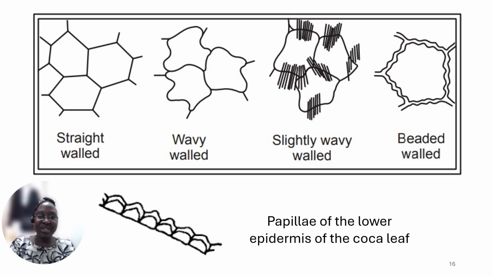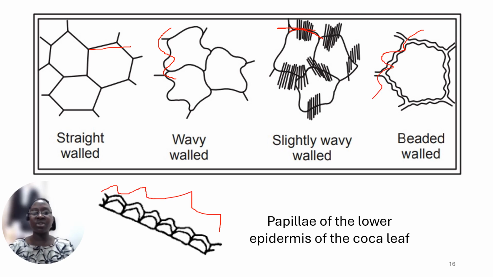So these are the images. These are straight walled, wavy walled, straight wavy, slightly wavy walled. We have beaded, and we have the papillose, like that which is seen in coca.